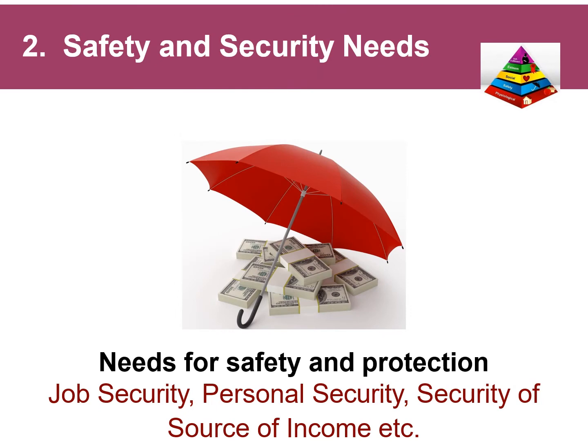Next comes safety and security needs. These are the needs which are related to security and protection from any kind of physical or emotional harm. Safety needs include physical security, job security, personal security, security of source of income, etc. Economic security means having adequate funds to meet the future psychological needs and to come out of physical security fear or threat.